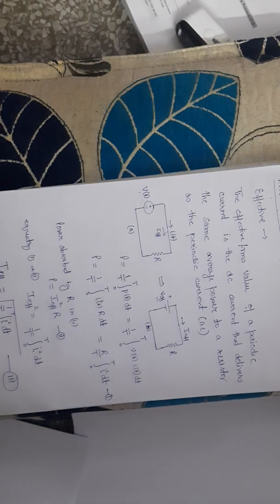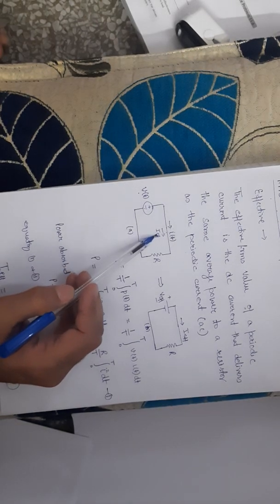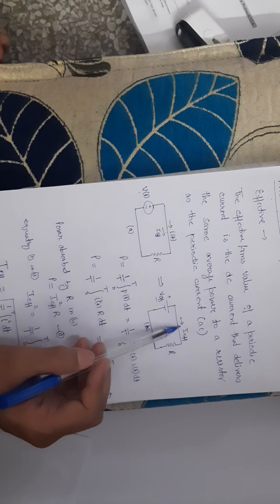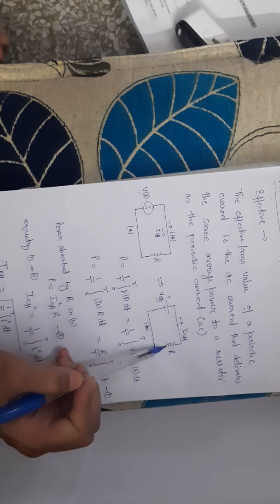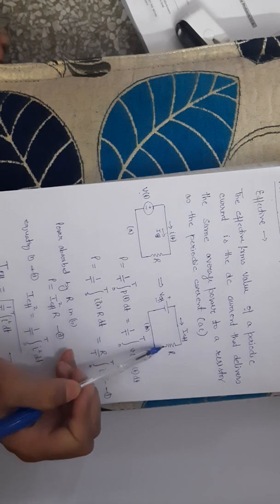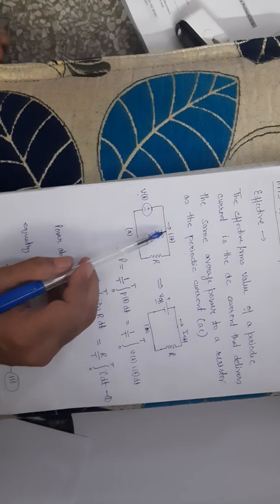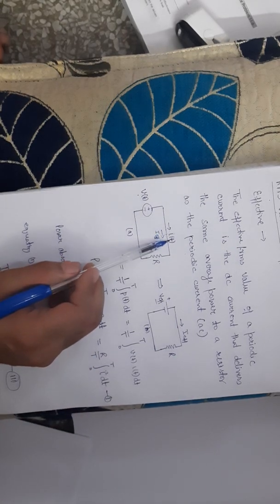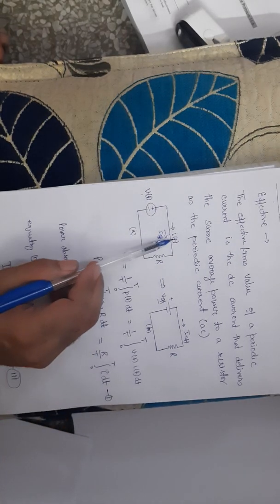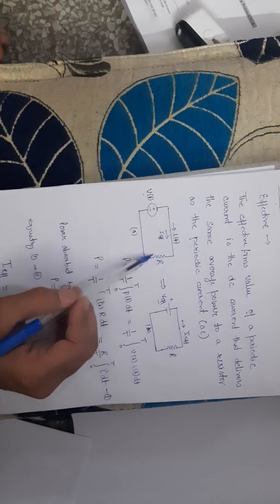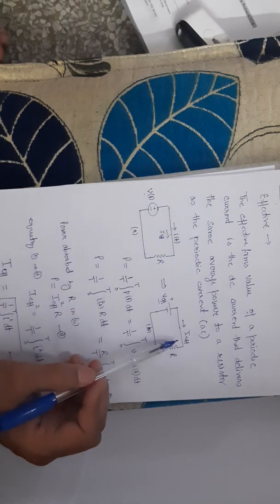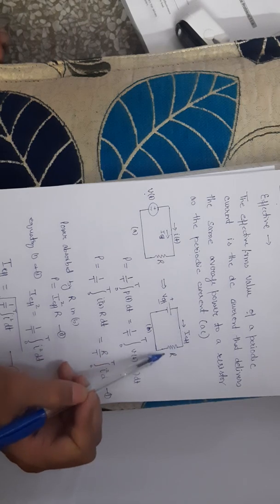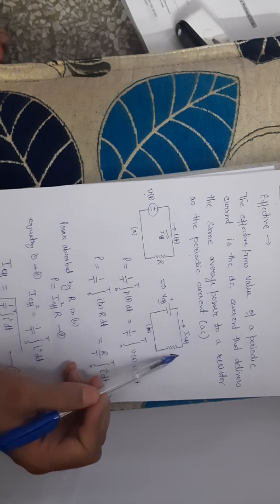This effective value of current is nothing but the DC current which will provide the same power to this resistor as the power that will be provided by this current i(t). So i(t) will produce the same effect in this resistor as would be produced by this DC effective current.